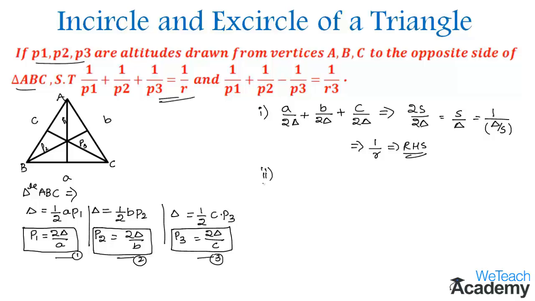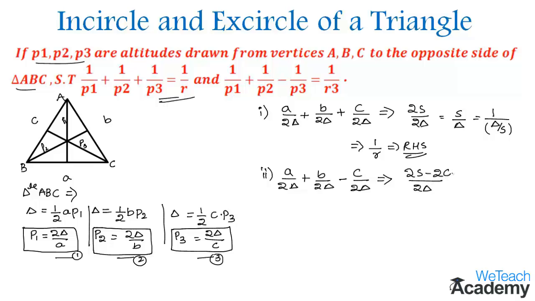And then coming to the second one and substituting the values of P1, P2 and P3, we get A by 2 delta plus B by 2 delta minus C by 2 delta. And then in the numerator by adding and subtracting C we get 2S minus 2C divided by the common denominator 2 delta.